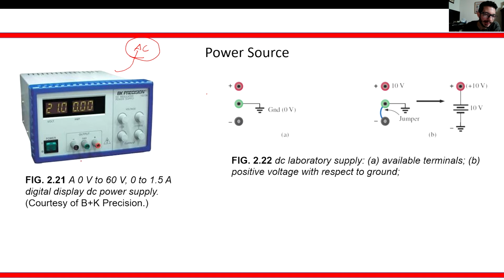Depending on the equipment you buy, you have from 0 to 60 or 0 to 100 volts and up to 1.5 amps or 5 amps. Actually, there are power sources that are pretty expensive, and that could be 60 volts and 40 amps.